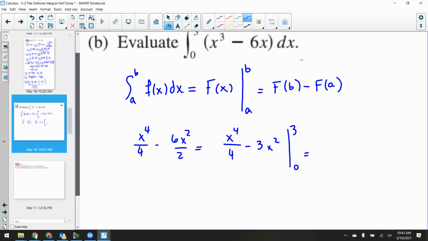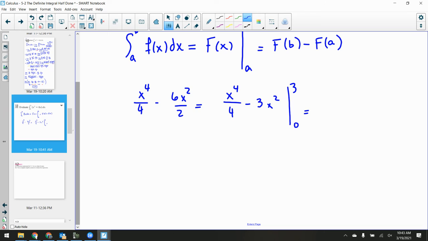Okay, so let's plug in 3. 3 to the 4th is 81 over 4. Minus 3 times 9, which is 27. What do I get when I plug in 0 to all of this stuff?